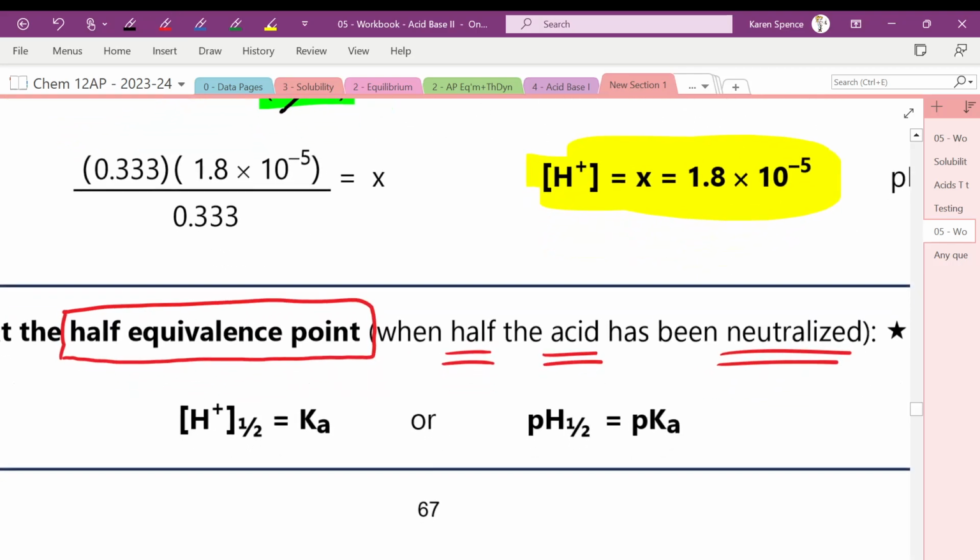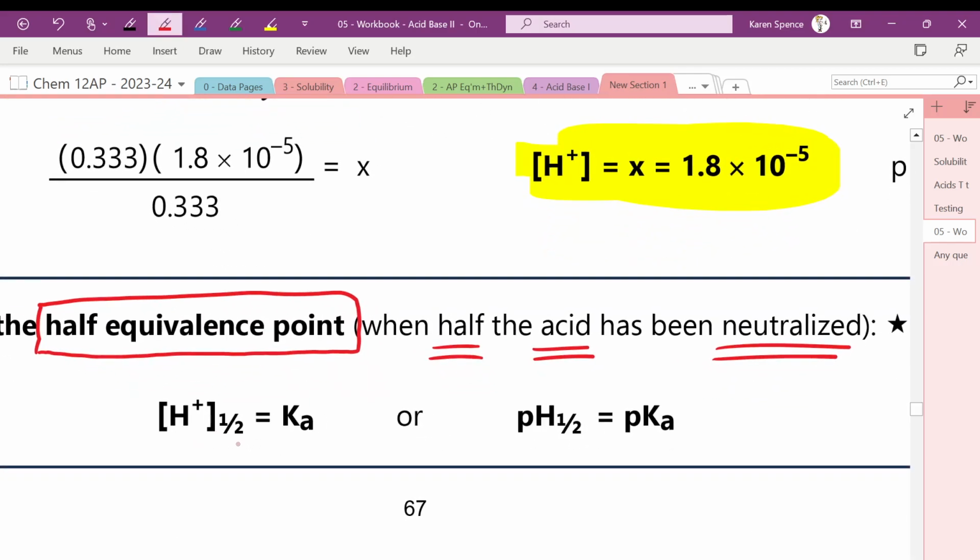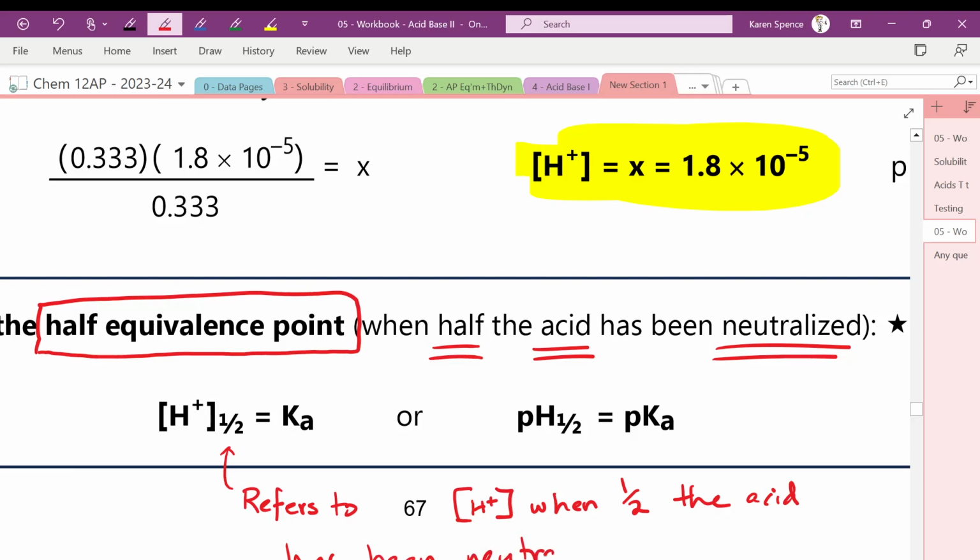And we can say that the concentration of H plus at one-half, and that little one-half refers to the concentration of H plus when half the acid has been neutralized, H plus one-half is equal to the Ka of the acid, okay?